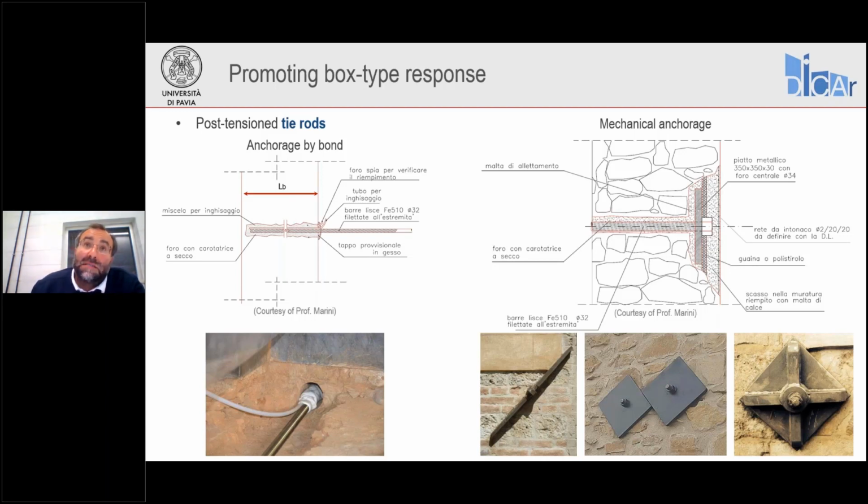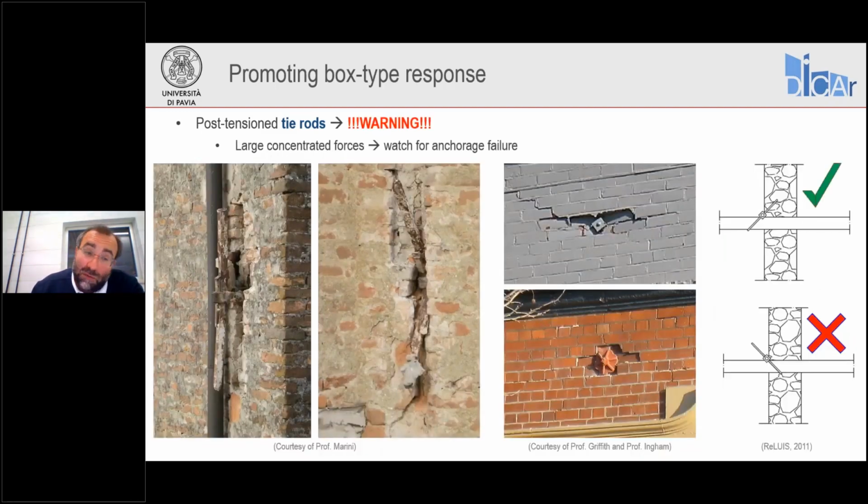And if the plate is wide, we may need to stiffen it with ribs in order to avoid problems of bending of the bearing plate itself. And in fact, you can see what may happen. Here on the left-hand side, we have a case where the tie rod on one hand pulled in the masonry.